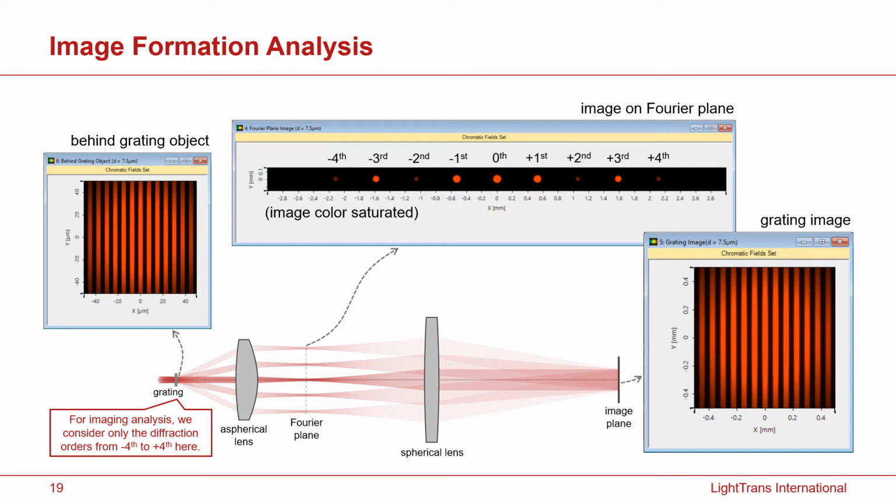After that, the diffraction orders go through the aspherical lens, and at any plane in the system you can check the performance. For example, in this case, we select to observe the result at a Fourier plane, which is the back focal plane of the first aspherical lens.